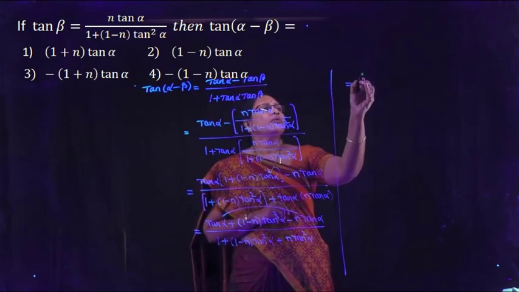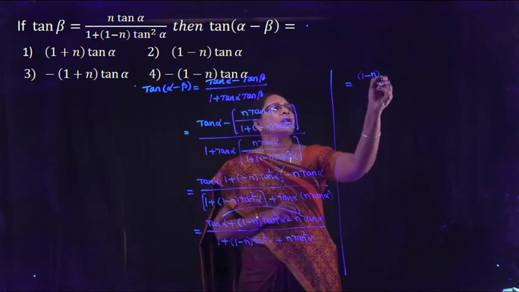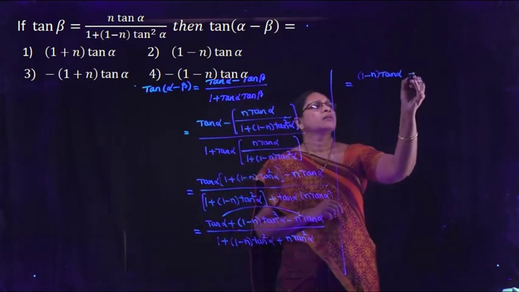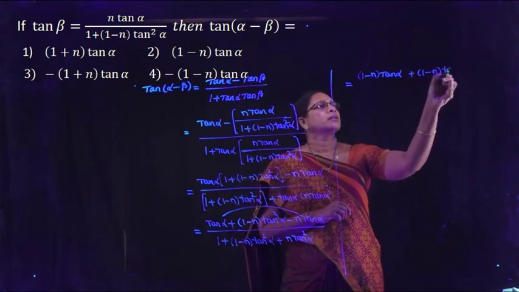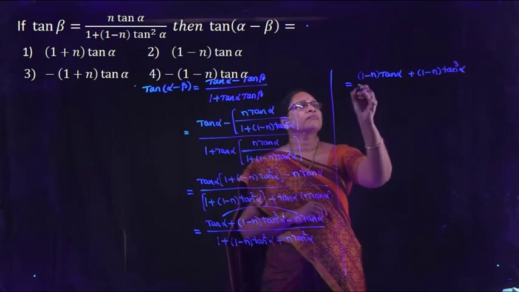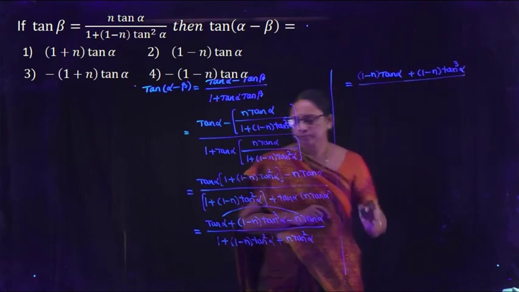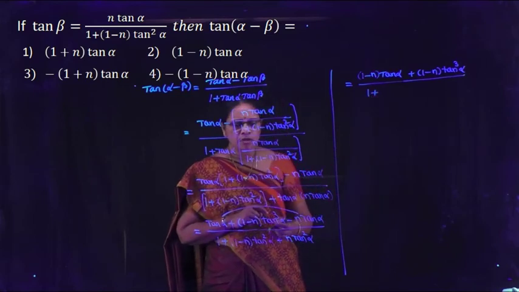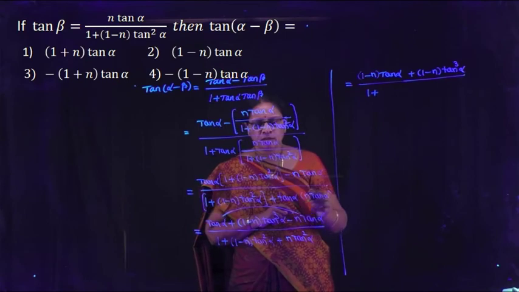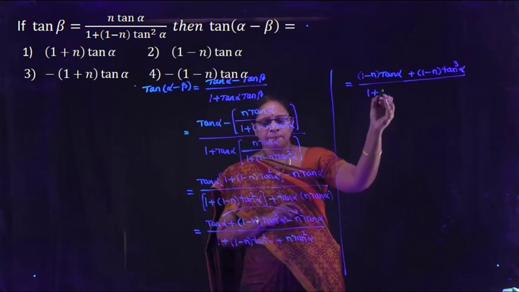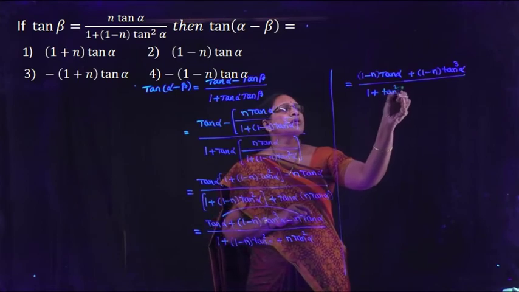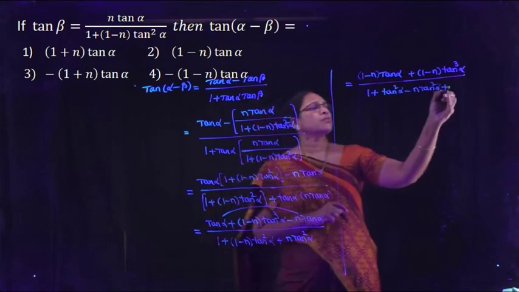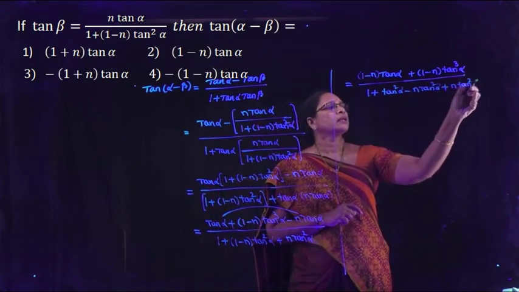tan α into (1 − n), that is (1 − n) tan α + (1 − n) tan³ α, whole divided by 1 + (1 − n) tan² α. We can multiply tan² α to the bracket (1 − n) tan² α − n tan² α + n tan² α.